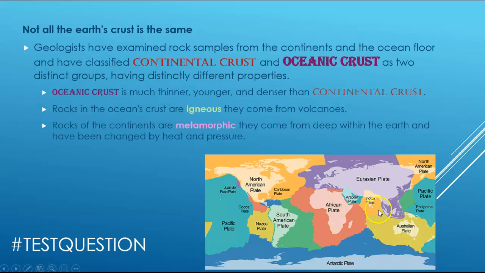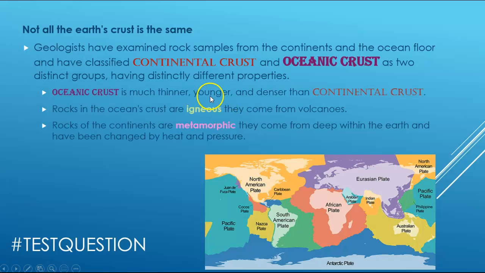And so oceanic rock would be like here in the Indian Ocean, the Pacific Ocean, the Atlantic Ocean. The plates or the rock that is under the water is different from the rock that's here above the water. And here are some of the distinct features. So oceanic crust has been observed to be thinner, younger, and denser than continental crust.